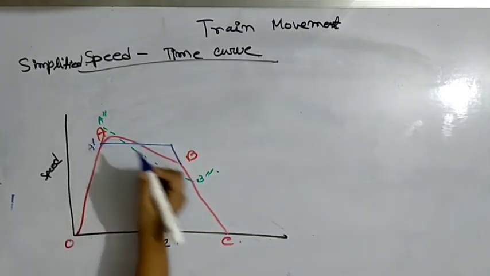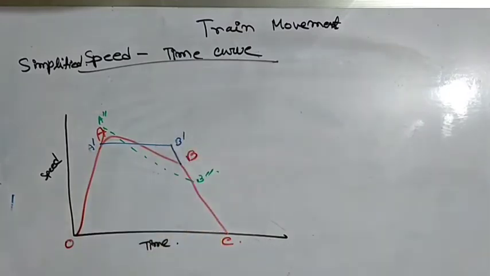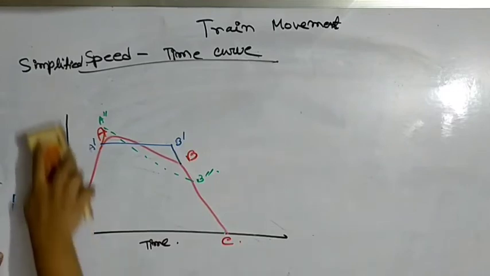And this is A dash, this is B dash. The trapezoidal speed time curve gives a closer approximation of the condition of mainline service where long distances are involved, and the quadrilateral speed time curve is for urban and suburban services. So first we derive the expression for the trapezoidal speed time curve. Next we derive the expression for the quadrilateral speed time curve.